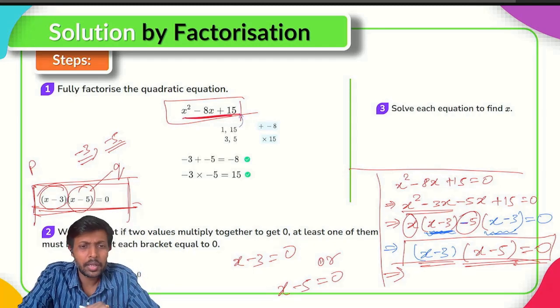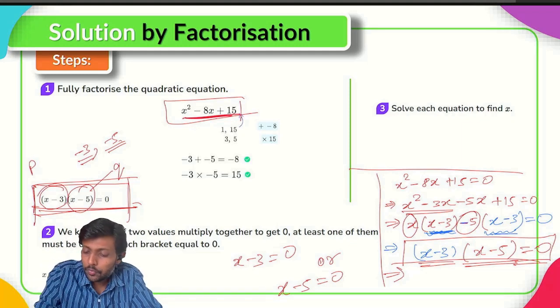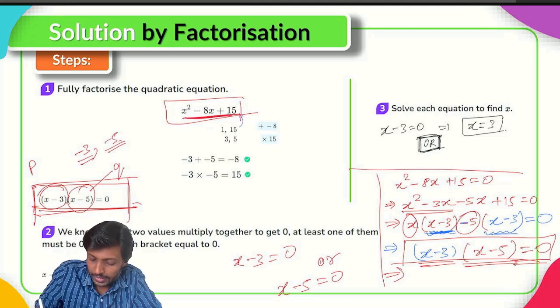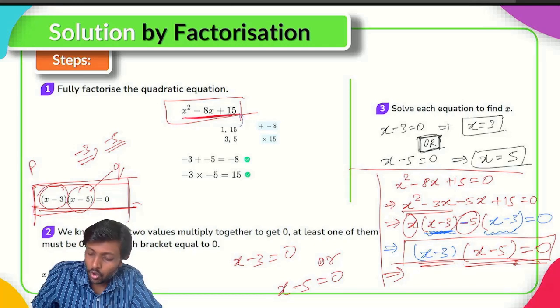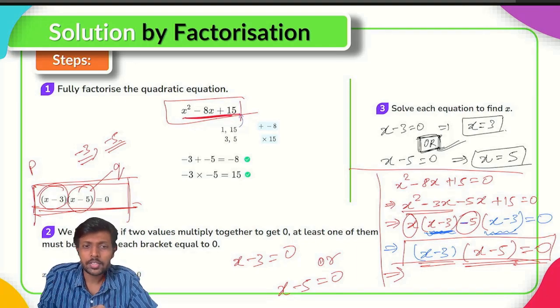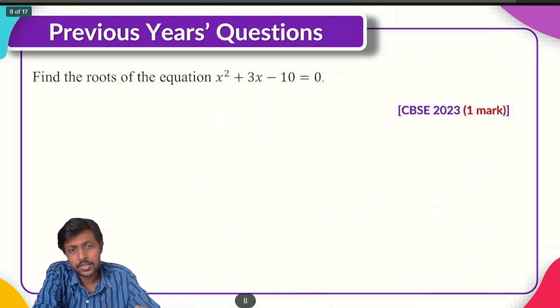Either of these will make the product 0. So when we solve for it, x minus 3 equal to 0 gives x equal to 3. Notice this word or. Either x minus 3 is 0 or x minus 5 is 0. This gives us x equal to 5. And that's why we use or. So this is the way to solve using the factorization technique.